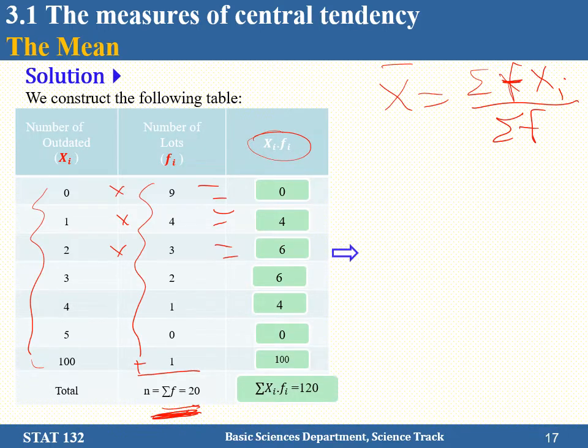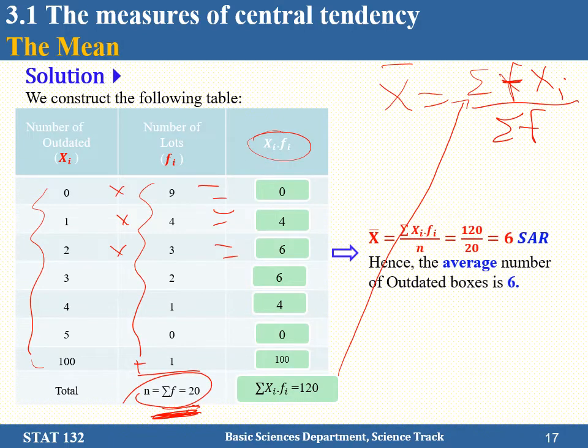So the sum of these products will be equal to 120, and when you substitute also 20, x bar will be 120 divided by 20, which is 6. So we say the average number of outdated boxes per lot is 6. So in each lot, we have on average 6 outdated boxes.